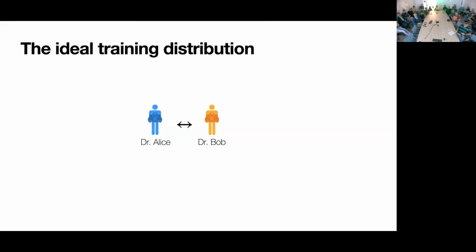If I had this training distribution, surely the model would have no reason to rely on these shortcuts, and it would also generalize better when the world changes. So this would be the ideal training distribution. We obviously don't have it. We just get to see the observational data that we have from this single hospital.